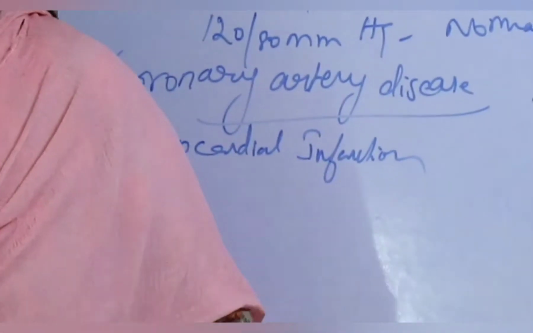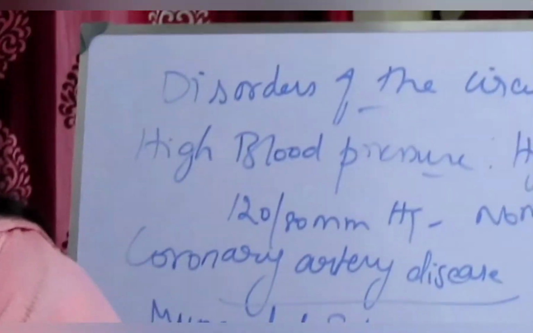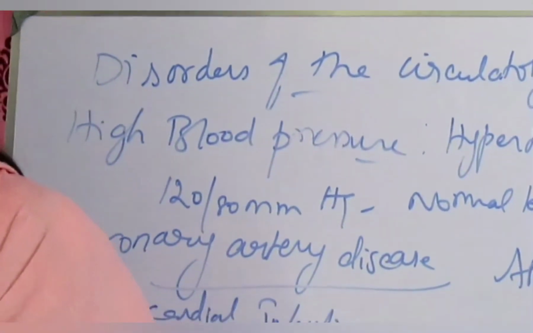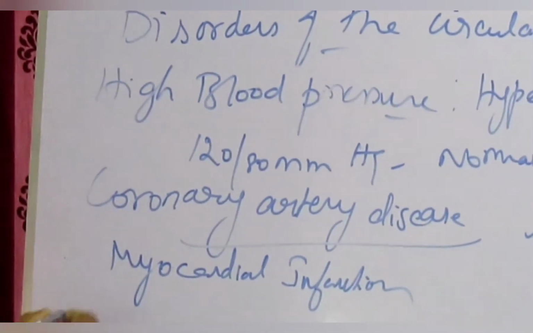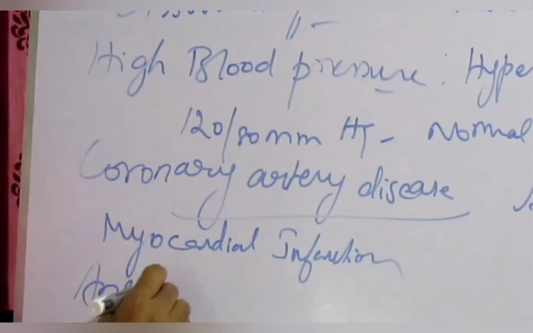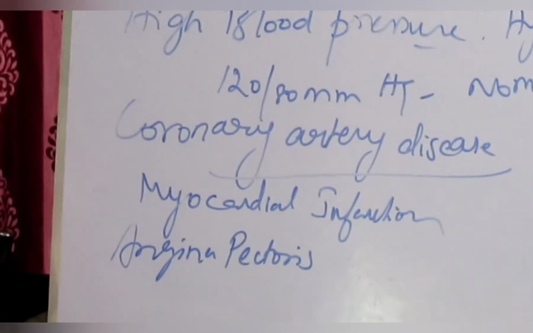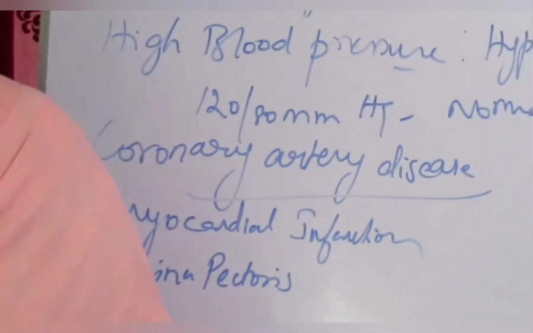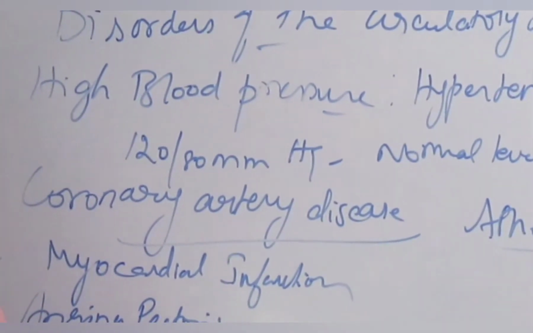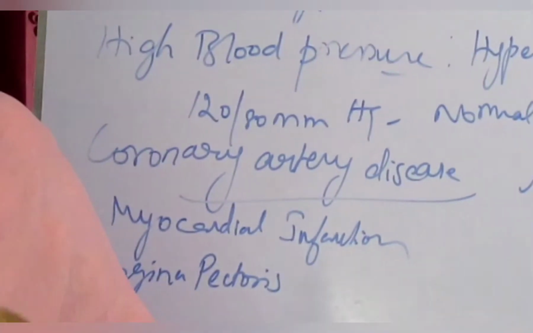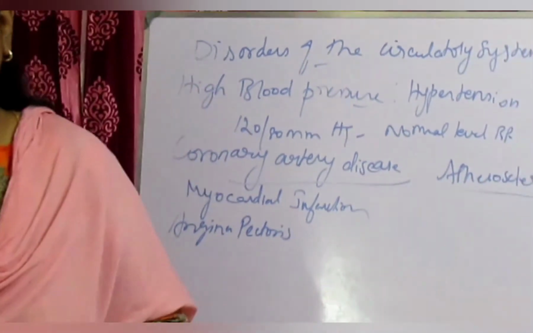We have talked about atherosclerosis. Next is a condition called angina pectoris. It is a symptom of acute chest pain which appears when there is not enough oxygen reaching the heart muscle.